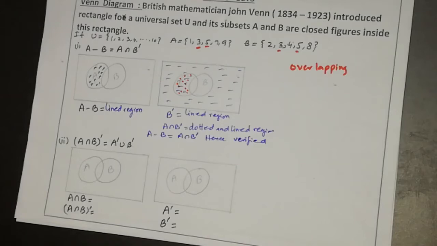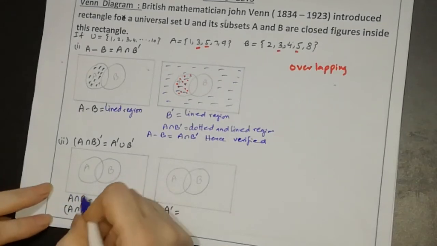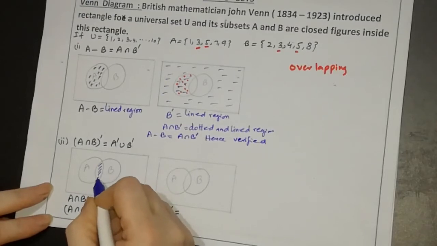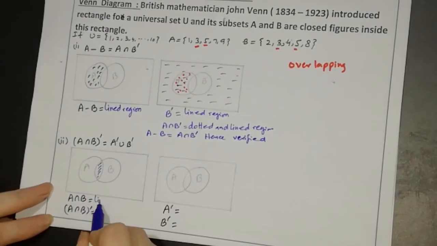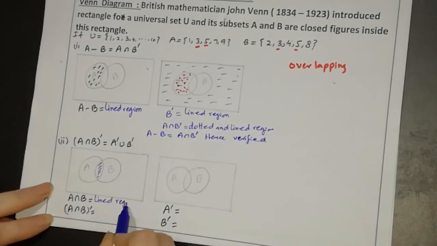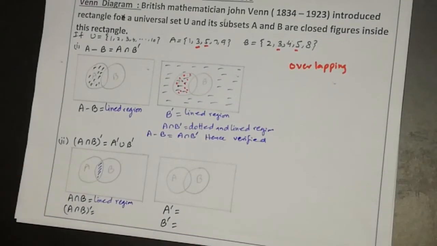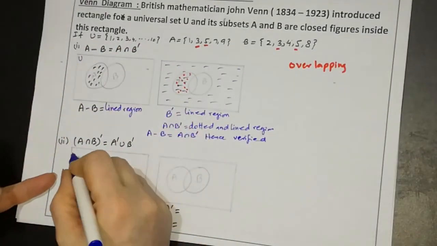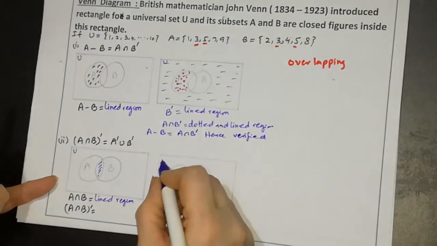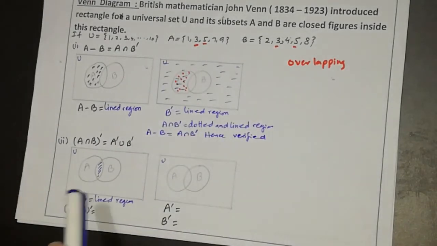Now A intersection B. What is A intersection B now? I am using the color marker so you can easily see. A intersection B is this portion. What is this now? The lined region. Now complement. A intersection B complement means those members of U which are not present in this. You know, this is your rectangle U. So, which portion of U is not included in A intersection B?